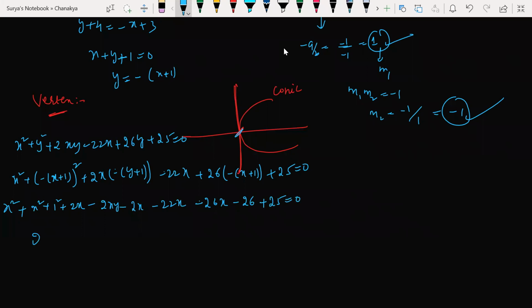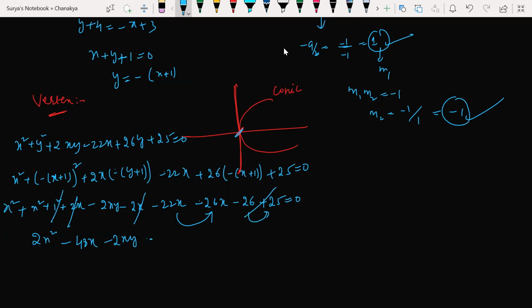X square plus x square is what? 2 times of x square plus 2x minus 2x will get cancelled, so minus 22x and minus 2xy. Okay, minus 2xy and guys 22 plus 26 how much? 48, right? So plus 48x, and what I am left with is constant, so minus 1 is equal to here minus 1 and here plus 1.